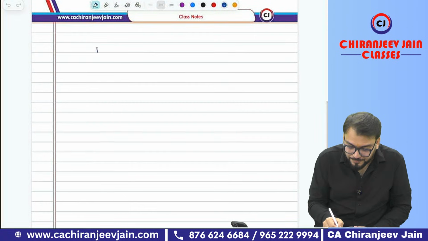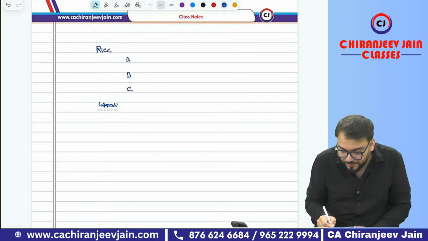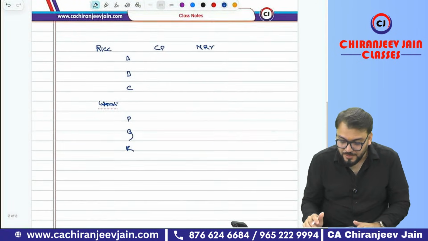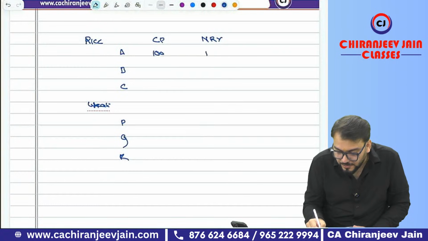Suppose we have rice as one category and wheat as one category. Rice has three qualities A, B, C, and wheat has P, Q, R. Normally we find out the cost price or NRV of each item. Suppose this is 100, this is 120, lower will be 100.